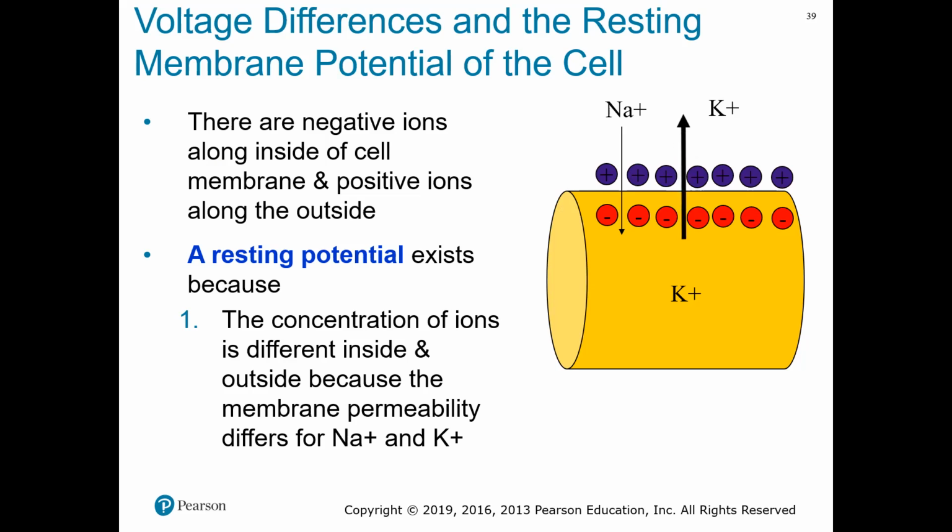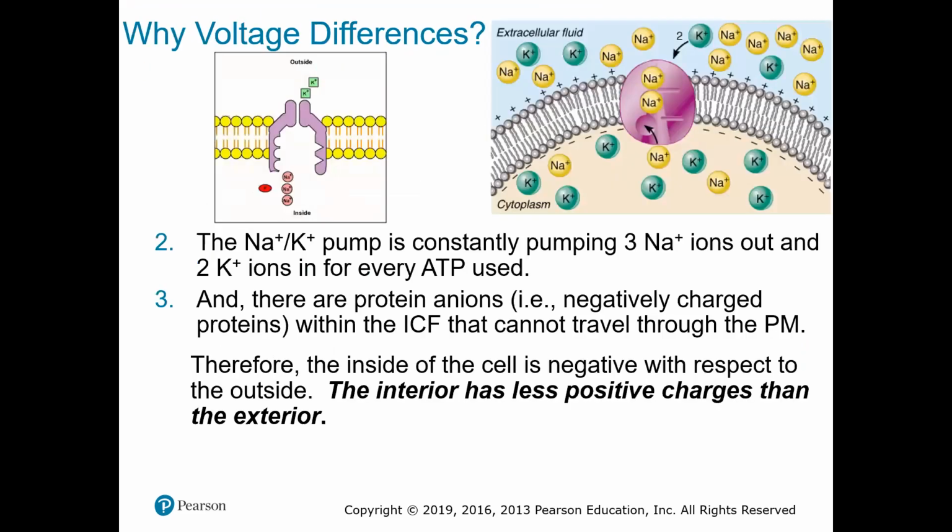And that positive outside and negative inside gives us a charge. We call it a resting membrane potential. This is what gives us the charge on the membrane. This is what gives us the minus 90 millivolts. Now, we're always pumping, because sodium's always leaking in and potassium's always leaking out, and we don't want that.